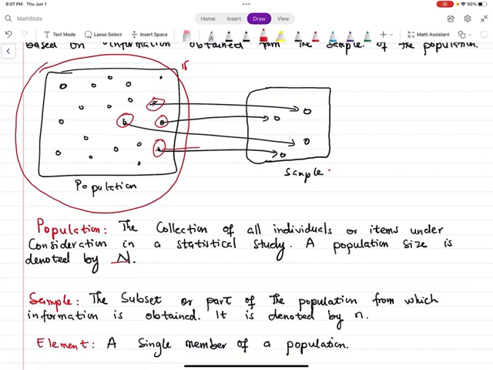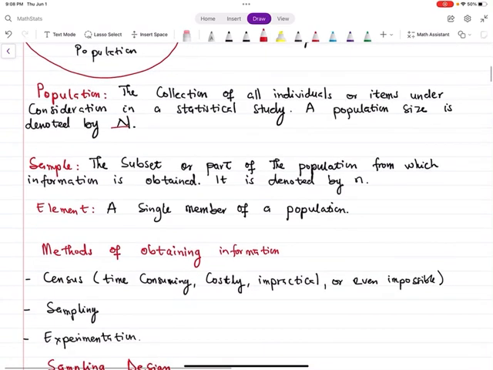So I could choose this guy or this guy. Each of them has an equal chance of being selected. That is what simple random sampling means. The process of choosing any of them is random, and they all have an equal chance of being selected.